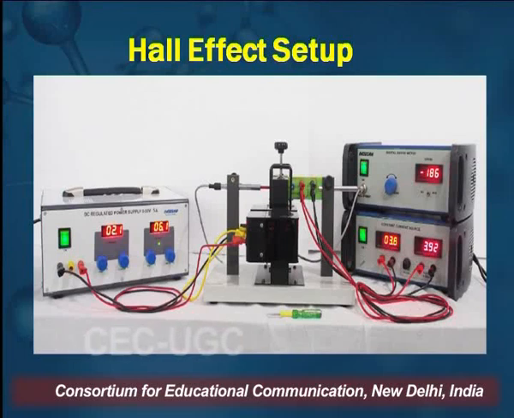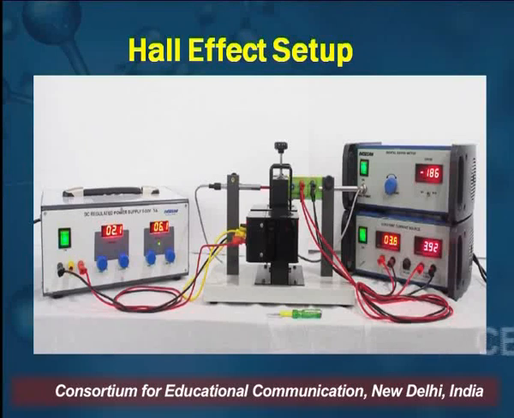Now we remove this probe and put the semiconductor between these electromagnets, and then we supply the current. We change the current which is passing through the semiconductor, and then we note the change in the voltage, which is the Hall voltage. Another setup we can arrange with the current, which is Ix.